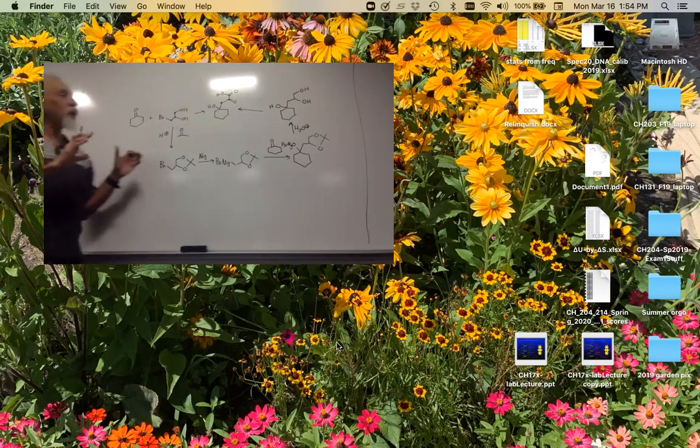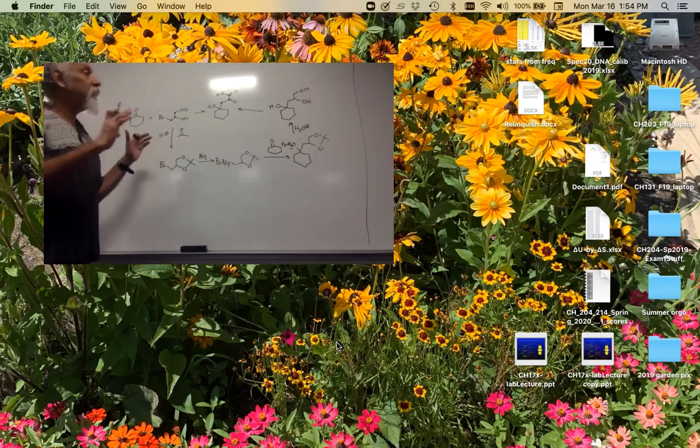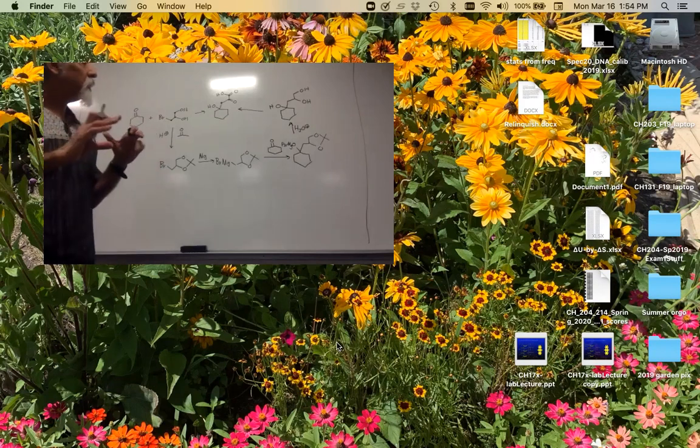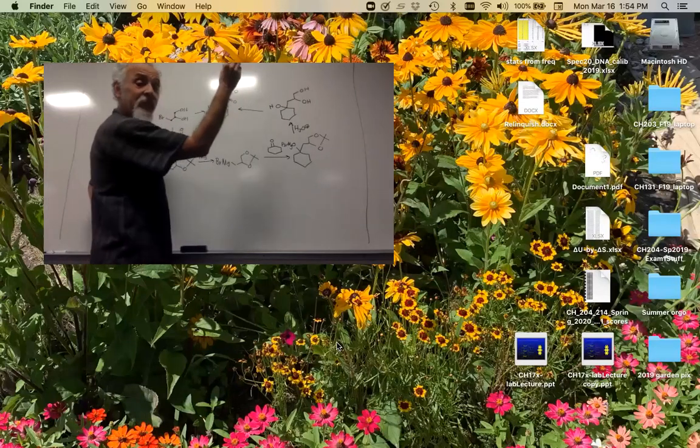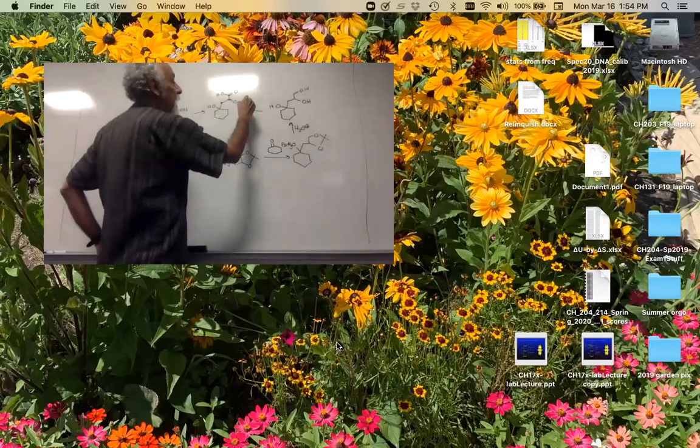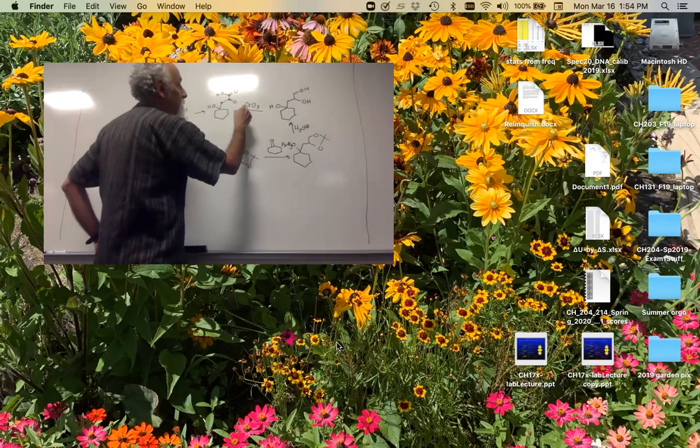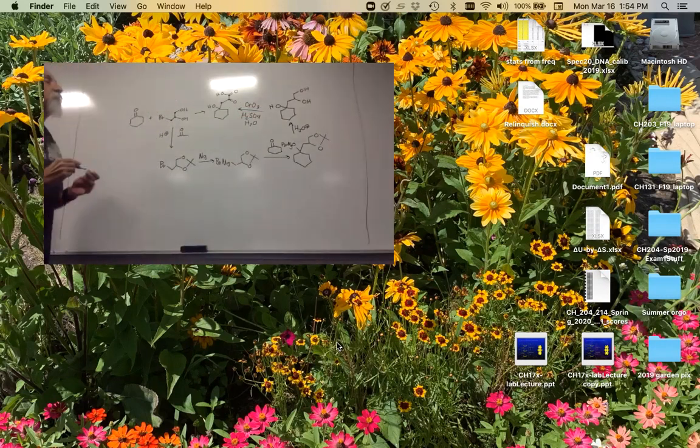It's going to convert a primary alcohol to a carboxylic acid, a secondary alcohol to a ketone, and do nothing to a tertiary alcohol. What is it? Oh, it's the Jones oxidation. Chromium trioxide, sulfuric acid, and water. And I'm going to have to use excess of this. All right, so there's our synthesis.